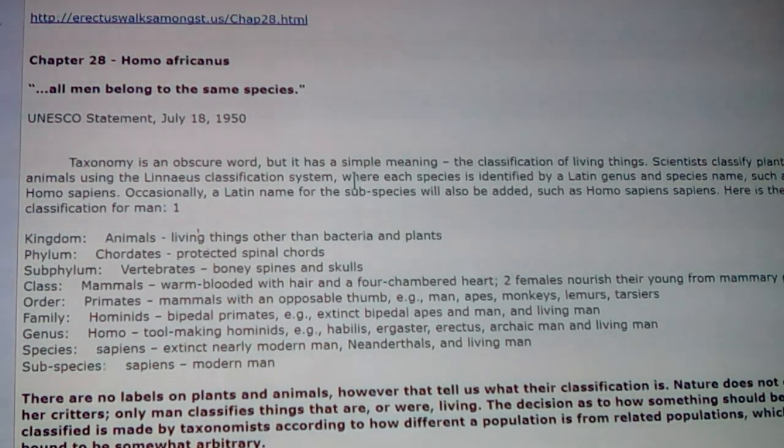This man is known as Richard D. Furl. I guess that's how you pronounce it, Furl. The book is called Erectus Walks Amongst Us, rather than just amongst us. The Evolution of Modern Humans by Richard Furl. The author is a retired patent attorney who lives on a small wildlife refuge on an island in upstate New York.